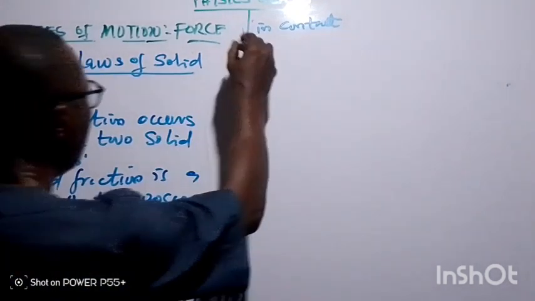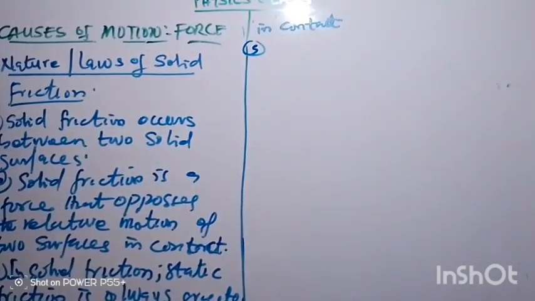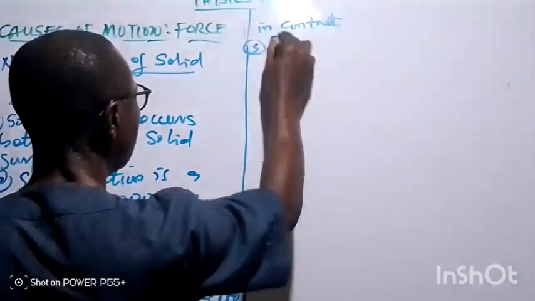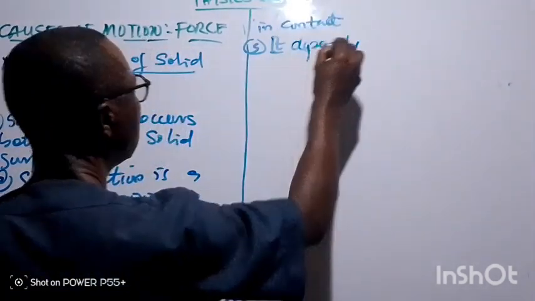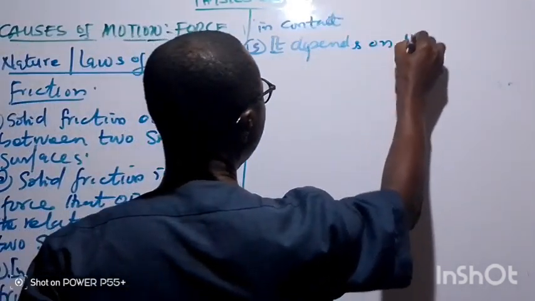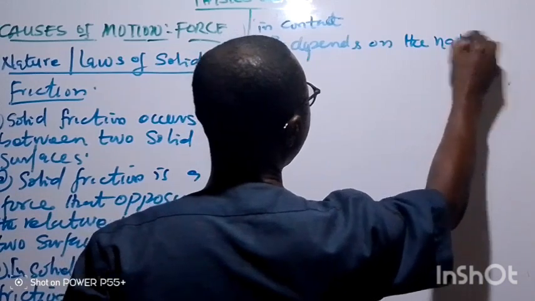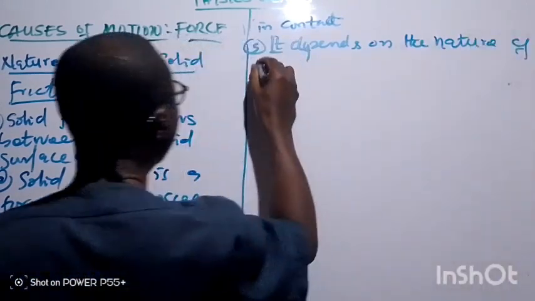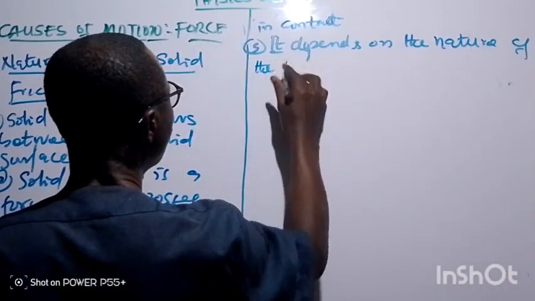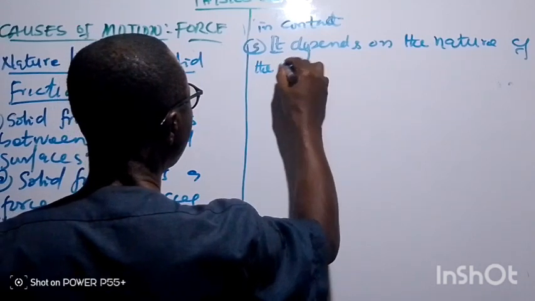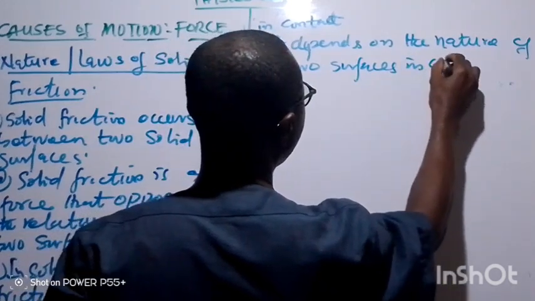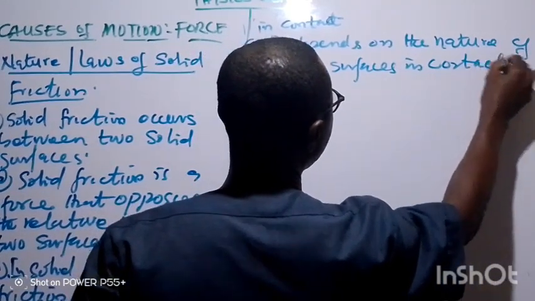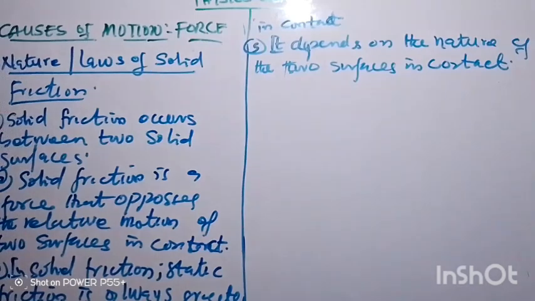Number 5, although it does not depend on the area of the two surfaces in contact, it depends on the nature of the two surfaces in contact.